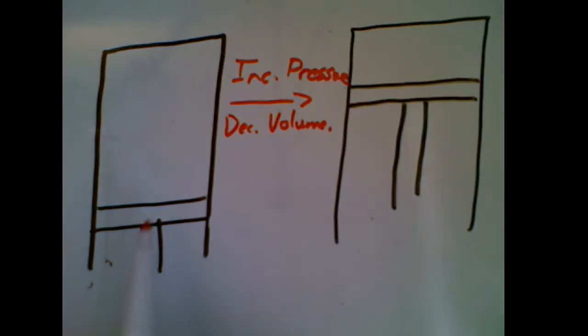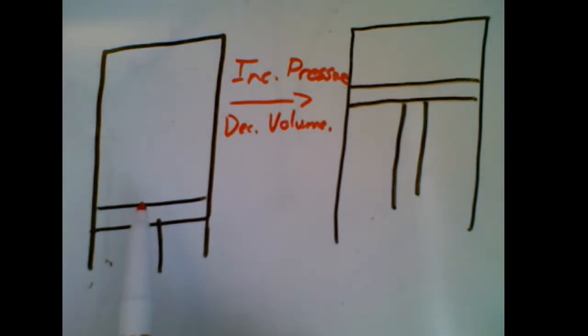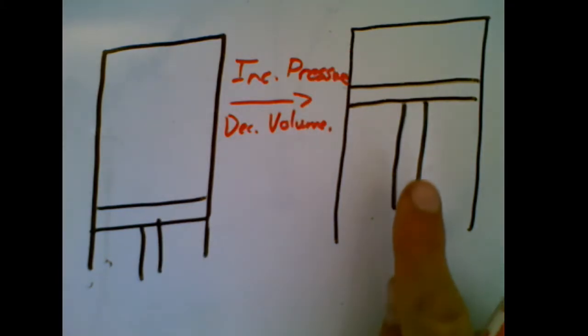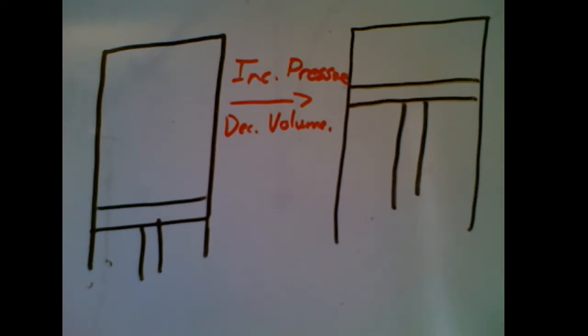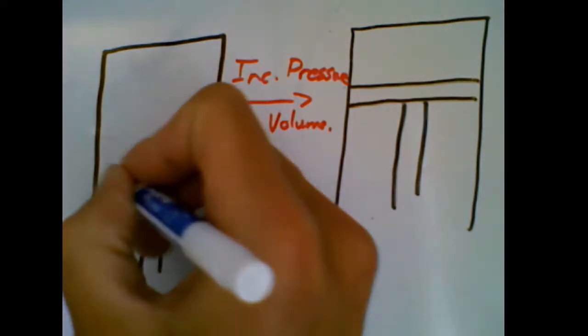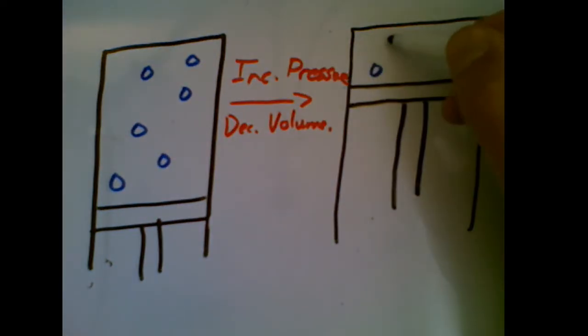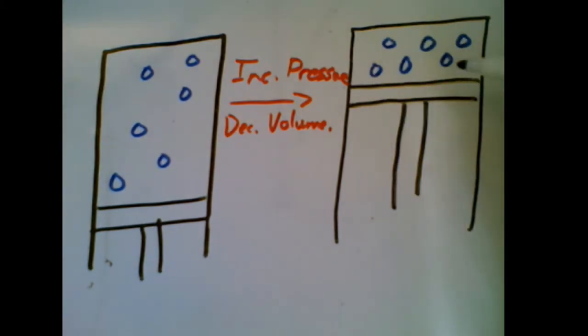To show you an example of what that looks like, think about the amount of space that you have in this chamber versus when you increase the pressure and push that piston upwards. What you're really doing here is giving less space for the molecules to exist in. The same number of molecules would exist in the other piston chamber, but they have less space to actually work.